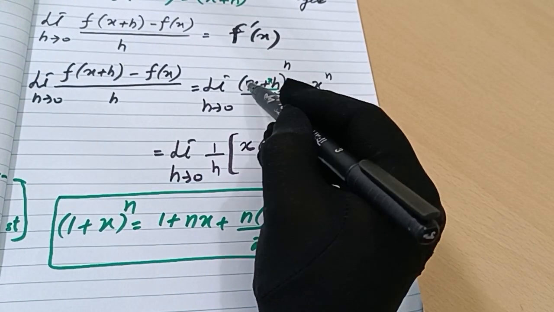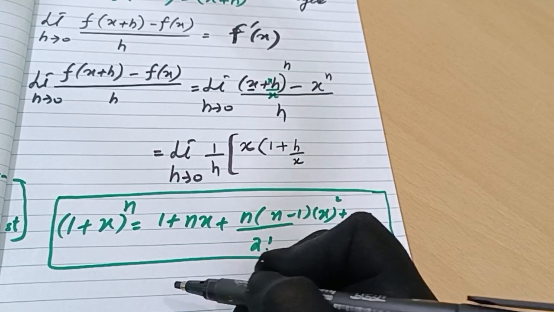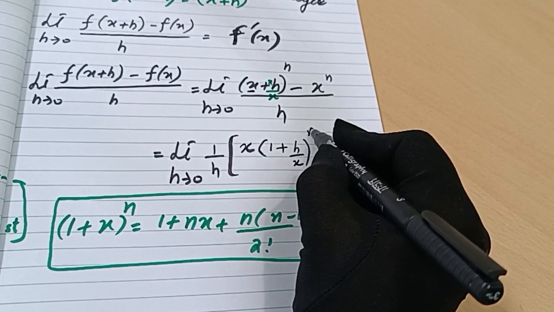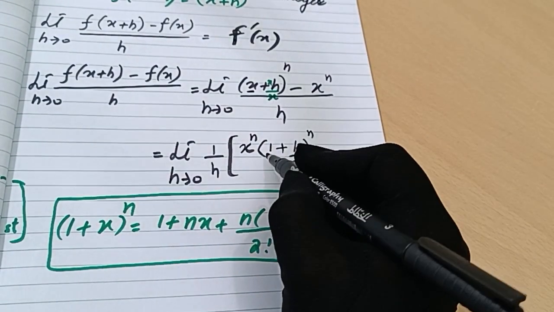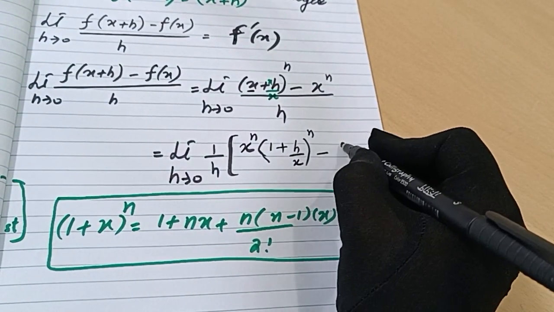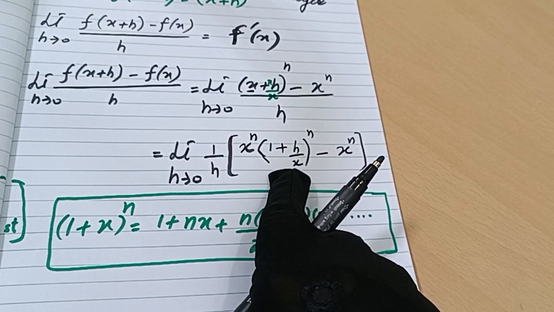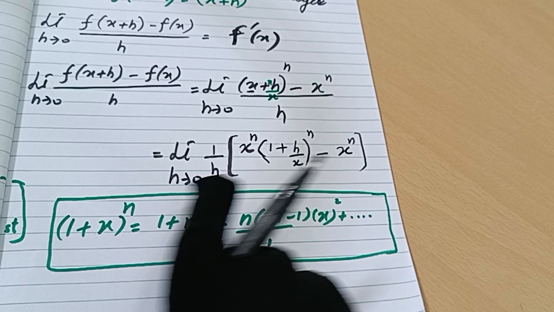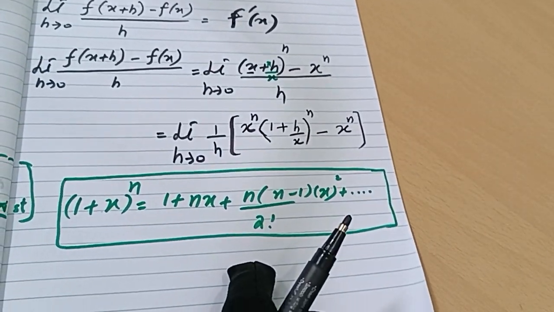The term which is multiplied is taken common, and the term which is divided stays here, with power n, minus x power n. Our formation is done, but before applying this theorem, we will take this x power n common factor outside.